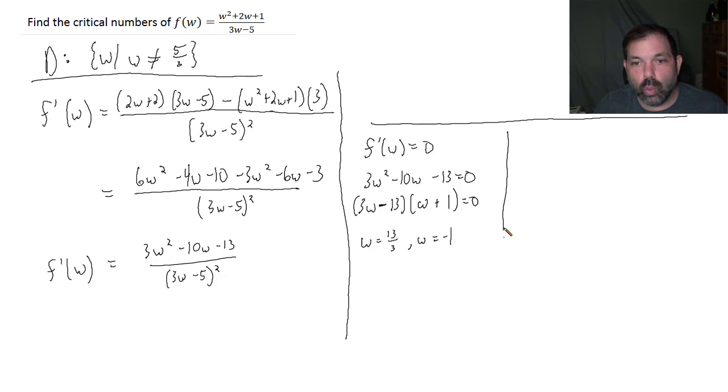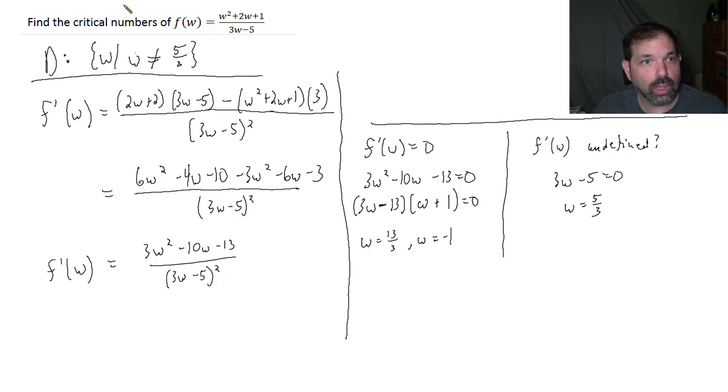All right, now, where would f prime of w be undefined? Well, f prime of w would be undefined if the denominator is equal to 0. So that would occur when 3w minus 5 equals 0, which is again w equals 5/3.